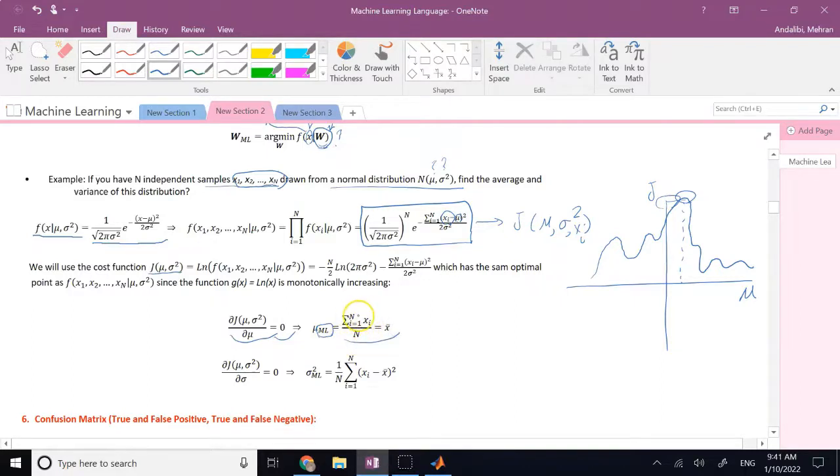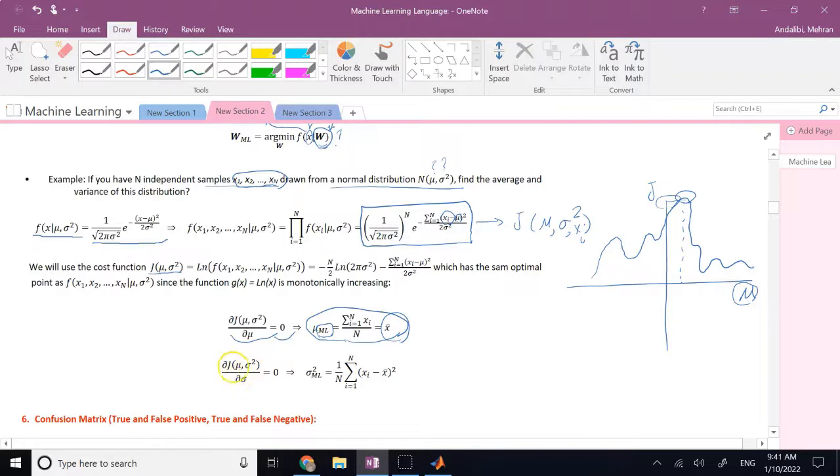Just add all of these xi's divided by the number, and that is going to be what? The average of the data. So the best estimate for what? For the average of the population, the best estimate for the average of the population is what? The average of the sample.